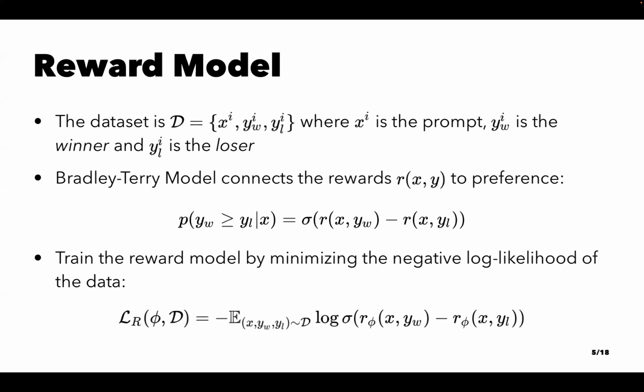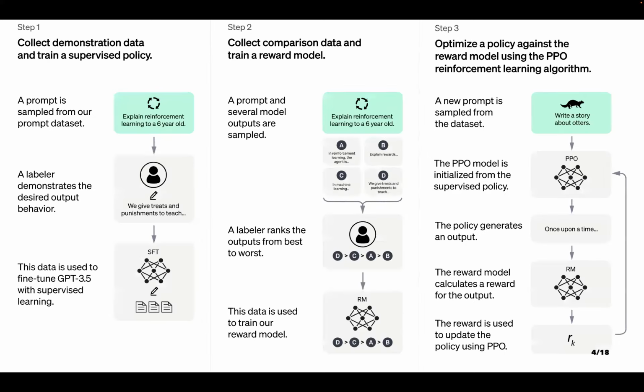For the example you were showing, there could be more than 2 examples, right? A, B, C, D, 4 examples. How does that work here? Whenever you have preferences, from this preference you can still create this tuple.